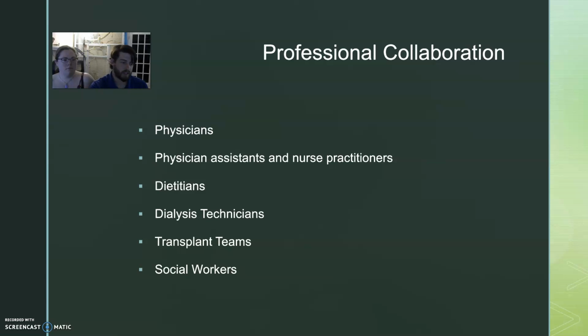And social workers: as she said, certain patients will be going to hemodialysis, where you have to go into a center, and that can be several times a week. And many of these patients are going to be disabled, and they're going to need help managing transportation.